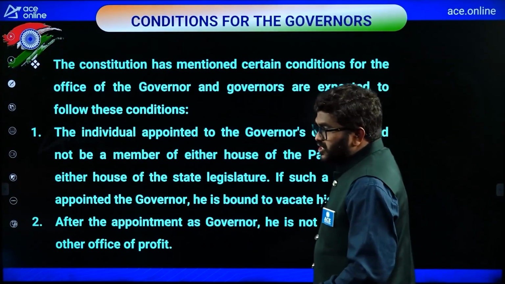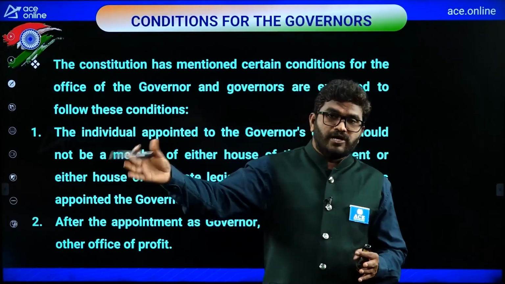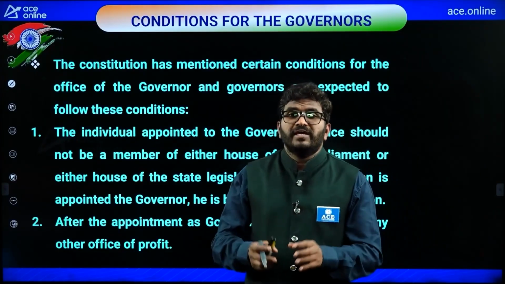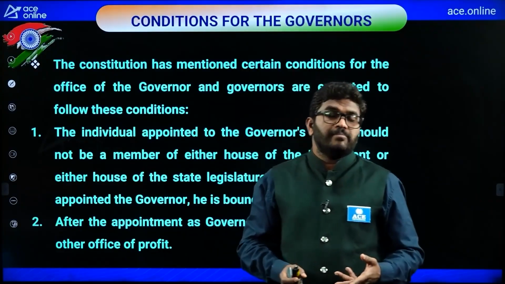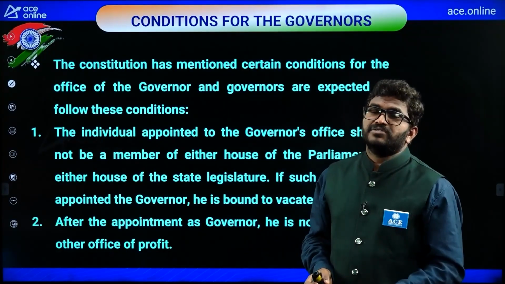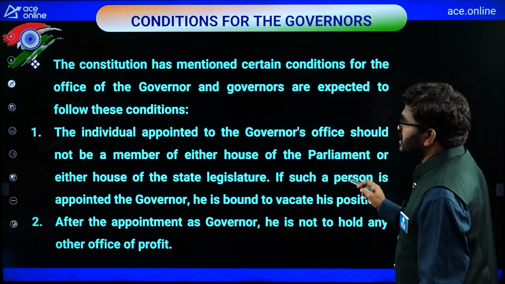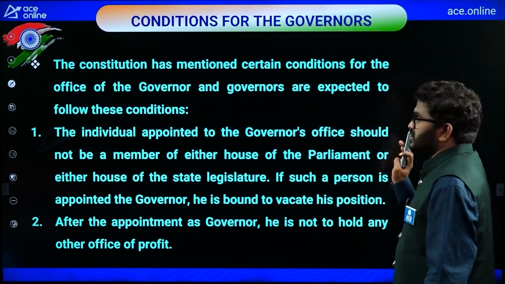So the person who is going to become a governor should not be a member of parliament or a member of the state legislature. Like he should not be an MP or MLA. Suppose if he is an MP or MLA, definitely he should resign. See here, if such a person is appointed governor, he is bound to vacate his position.